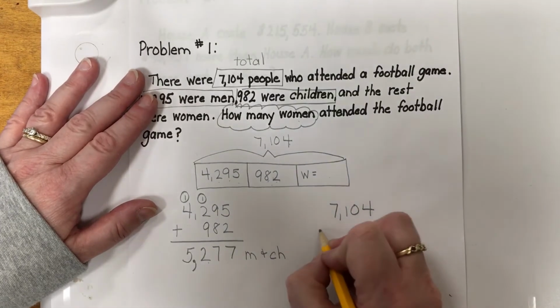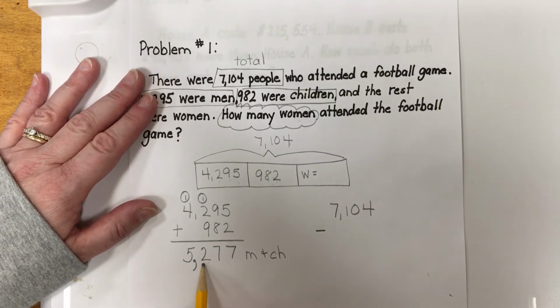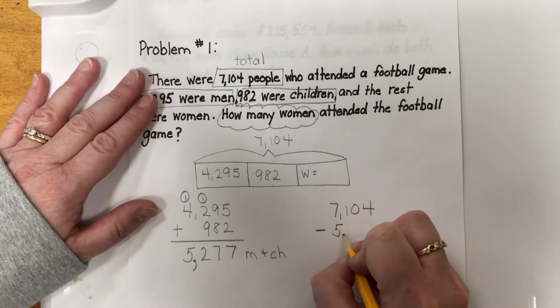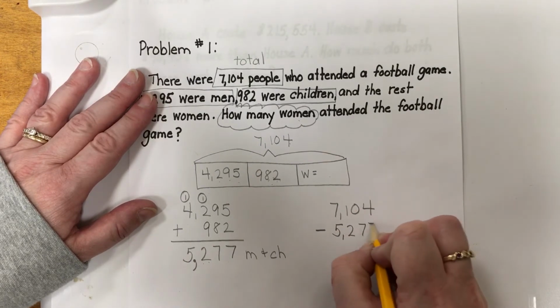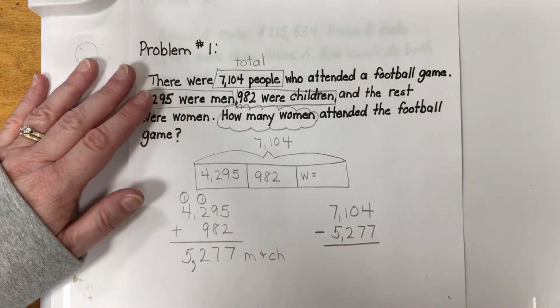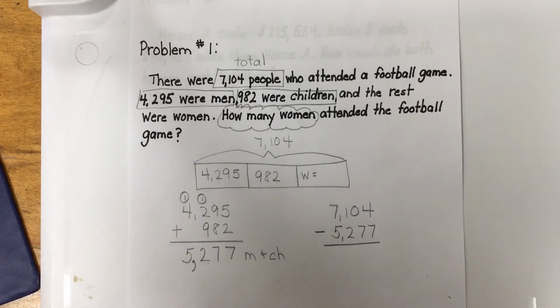So now I'm going to take the total, 7,104, and I'm going to subtract the men and the children, 5,277. Go ahead, see what the difference is.